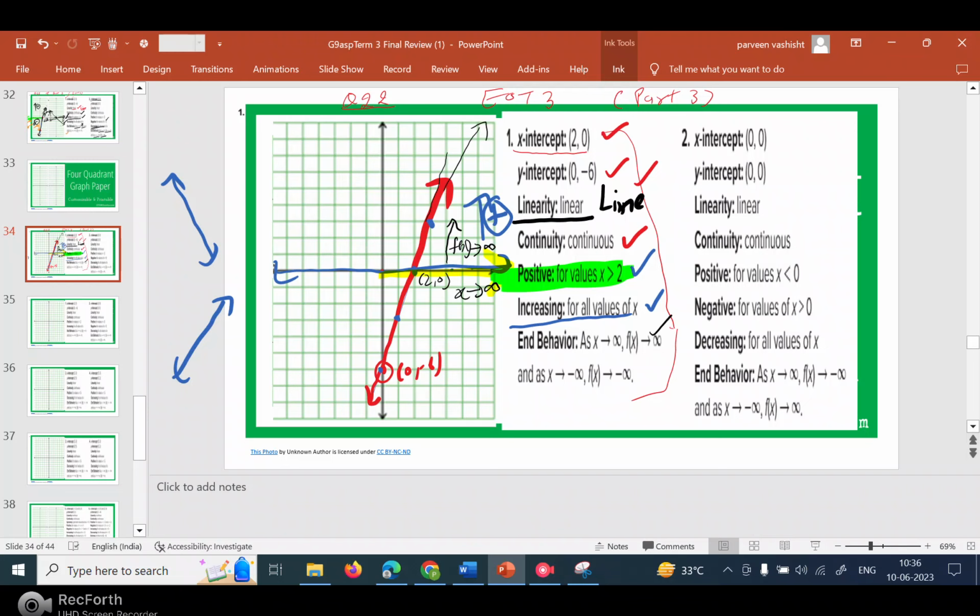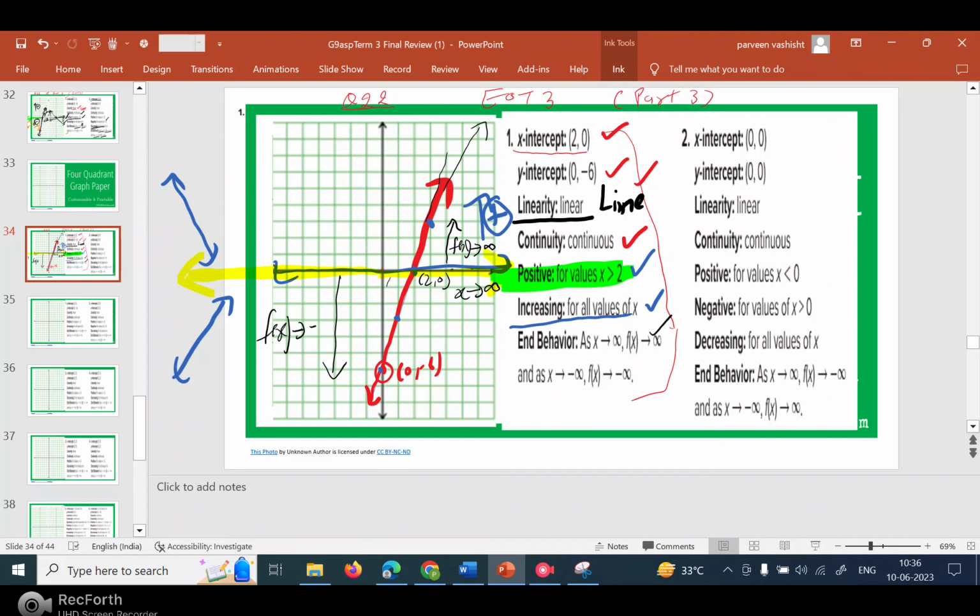But look here, if x is going to negative infinity, this side, if you are taking more values this side, where is your y going? Is your y still going up? No, y is coming down. Here it is coming down.